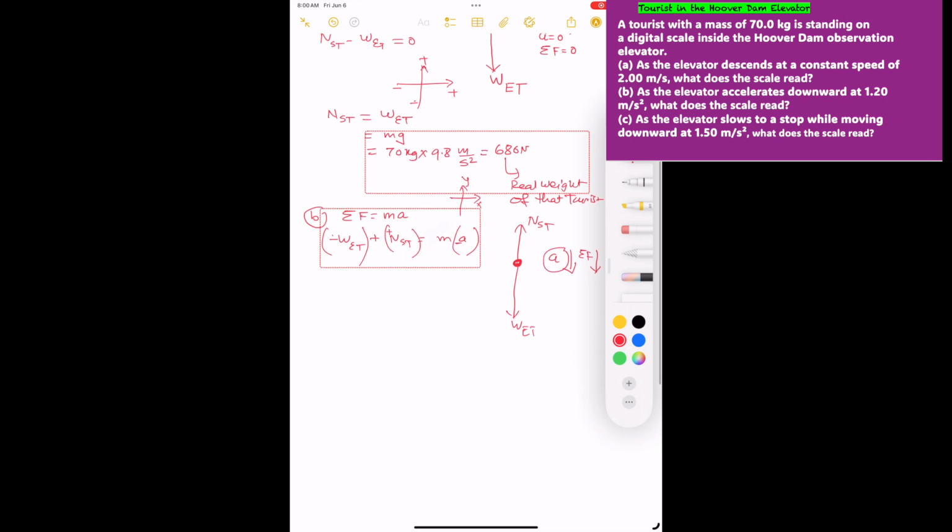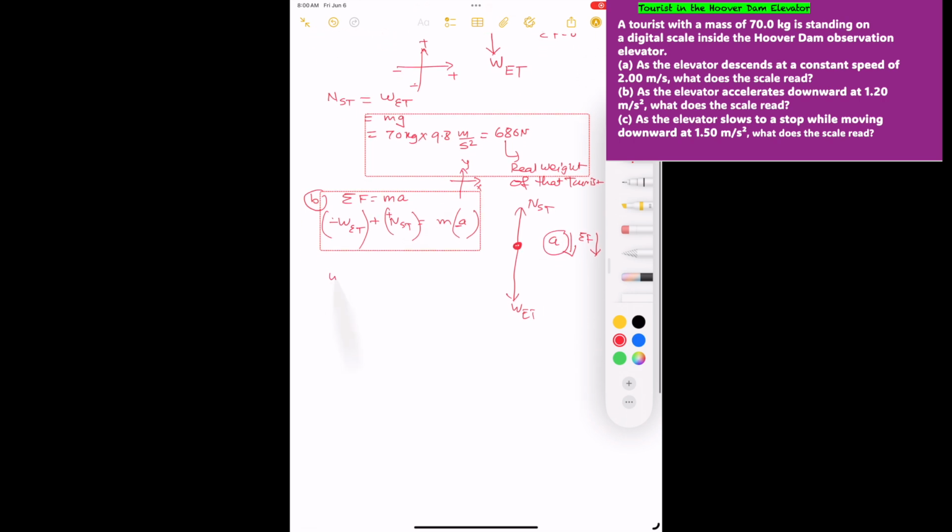So the equation looks like this: minus weight plus normal force is equal to minus mass times acceleration. So the scale reads the normal force, which is equal to mass times acceleration plus weight force.